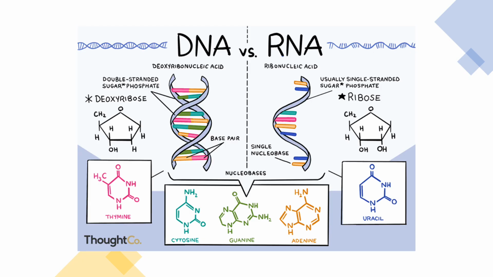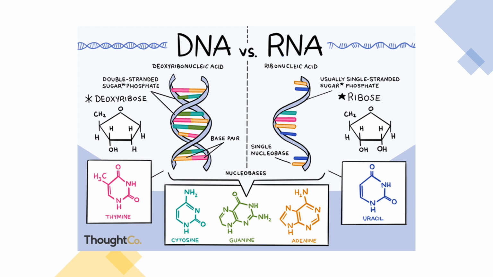We have this figure to differentiate DNA from RNA. Ribonucleic acid or RNA is a molecule similar to DNA. However, unlike DNA, RNA is single-stranded. RNA is chemically similar to DNA except that it contains ribose instead of deoxyribose as its sugar and has the nitrogenous base uracil rather than thymine.